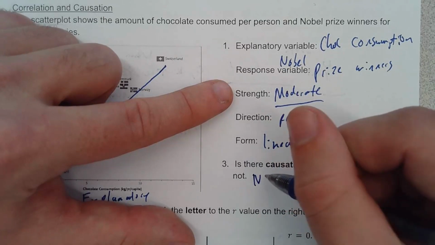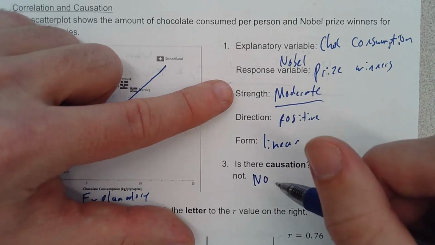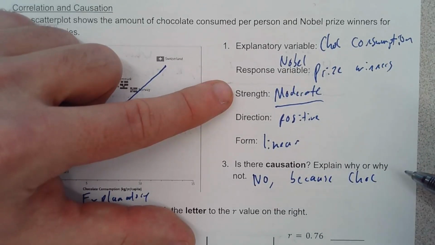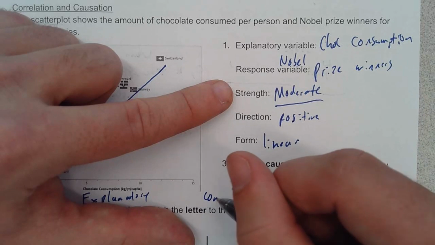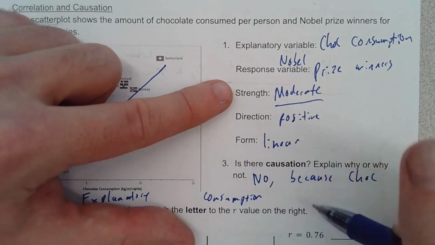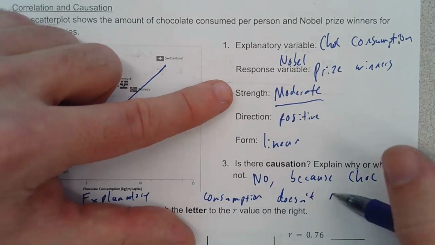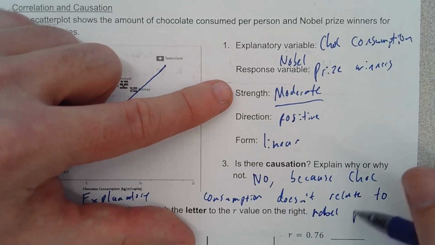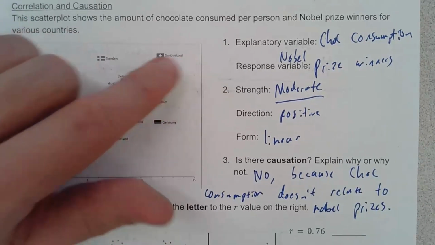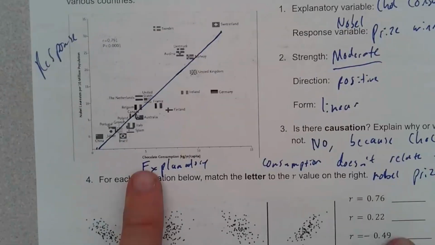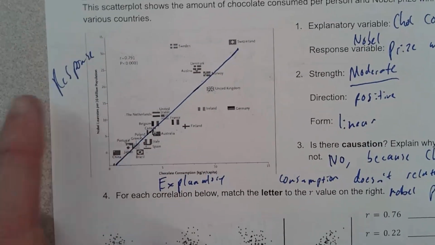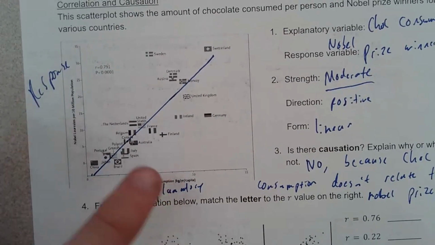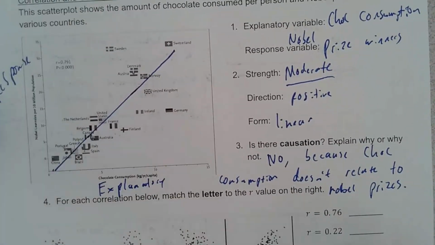Or not necessarily, because chocolate consumption doesn't relate to Nobel Prizes. If science funding was your explanatory and Nobel Prizes was your response, then yeah, there was a relationship. That could be causation. But if the variables don't make sense or are not related, there's no causation.